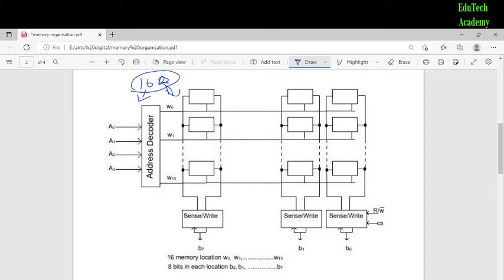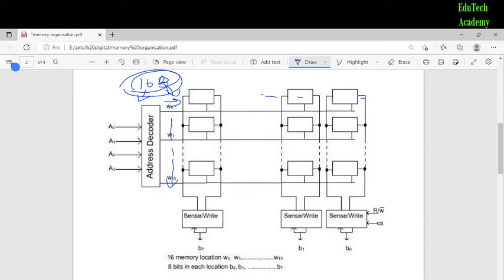B means byte. The first register is indicated by W0 and it has 8 flip-flops, so this register can store 8-bit binary data. Similarly, there are 15 more registers, so this memory cell has a total of 16 registers, or 16 memory locations, and each location can store 8-bit binary data.